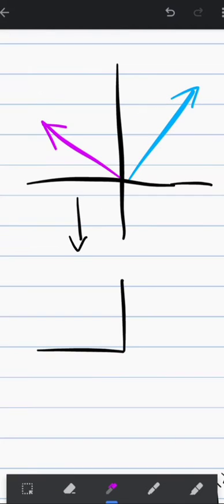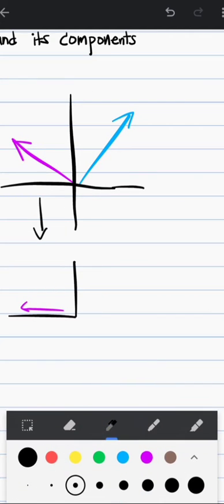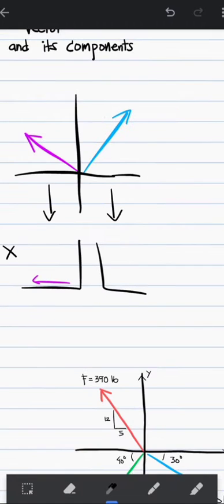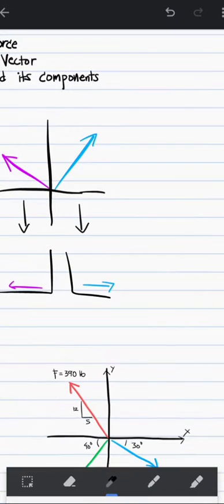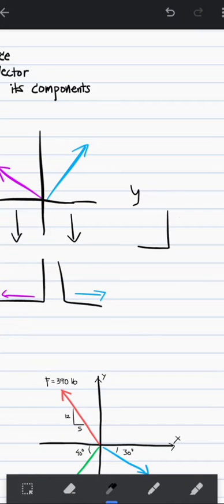To the x, we have this smaller x component, and this one, in terms of x, we have this one going here, while in terms of y, we have all of them going up.